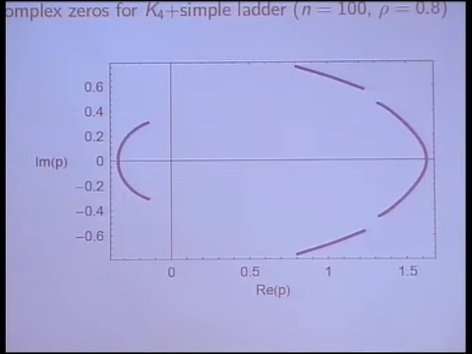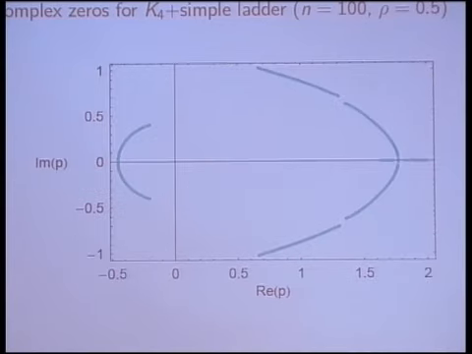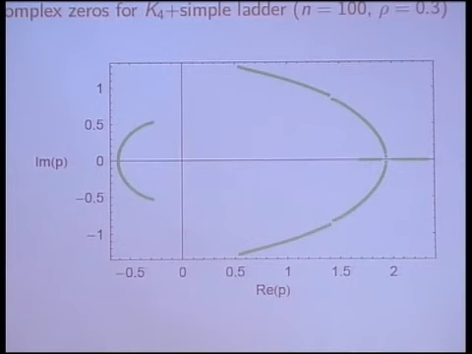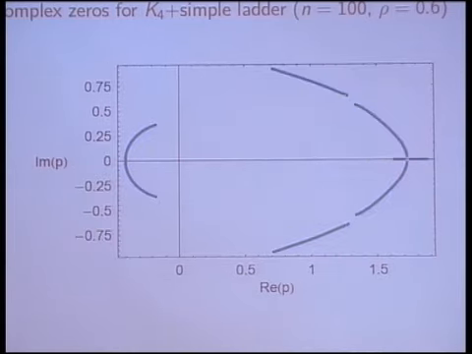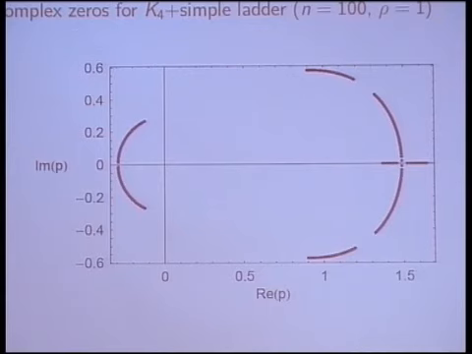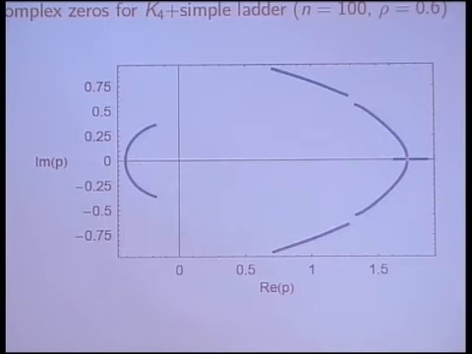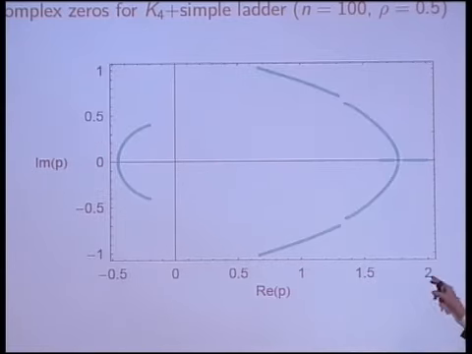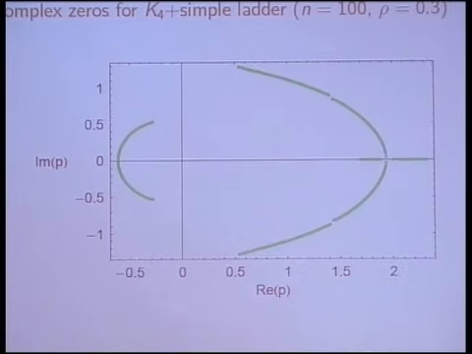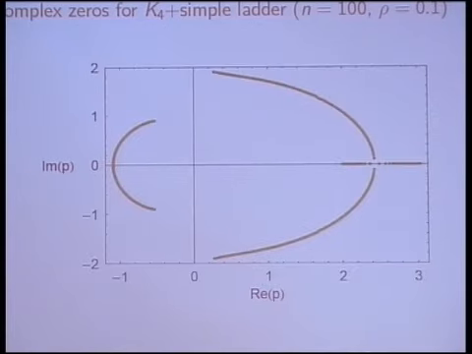And if I further decrease rho, then it reappears. So maybe I should go back from 1. You see first the real segment disappears, and then comes back. And then you also see these points here are trying to connect. And eventually they do so.